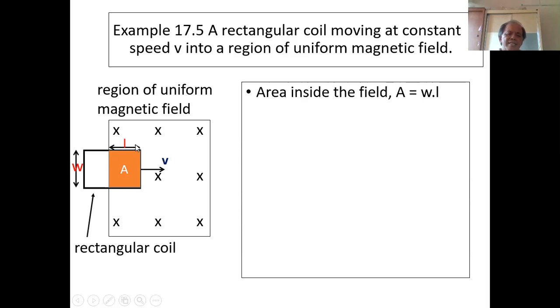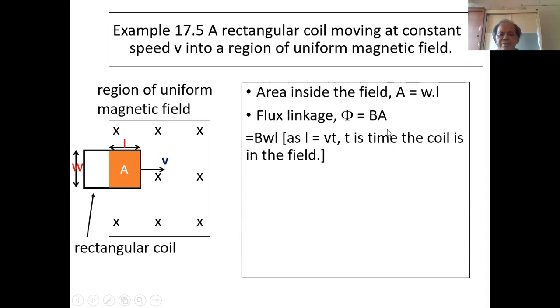So the area inside the field is W times L. That's your L, that's your W. Flux linkage, BA. N is 1, so we don't put your N in. Then replace the A with WL, and replace your L with VT.